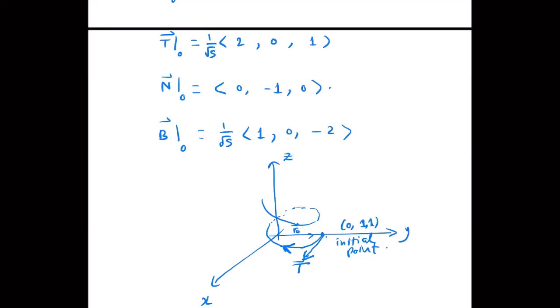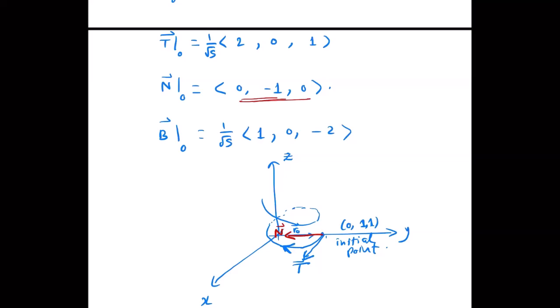So the other way. N is inside. N is in the concave side of the curve as usual. This is N, because it's 0, negative 1, 0. So it's in this direction.